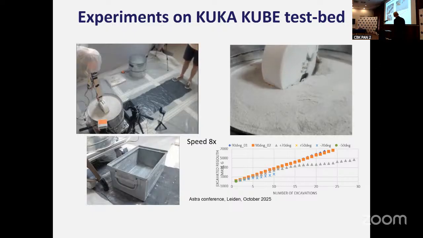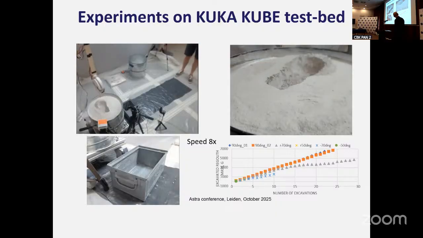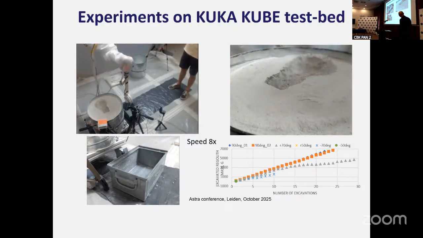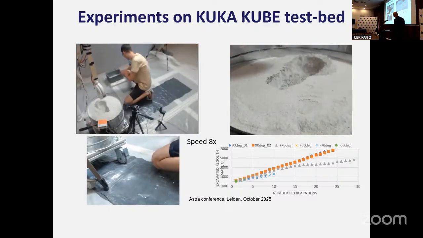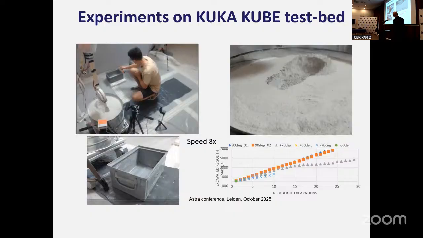For example, we were able to see that we need 25 operations to dig up to 30 centimeters. And during that time, we collected 7 kilograms of regolith. This is a kind of performance curve. And depending on the angle of attack, of course, this performance is reduced, especially if you are digging deeper and deeper.